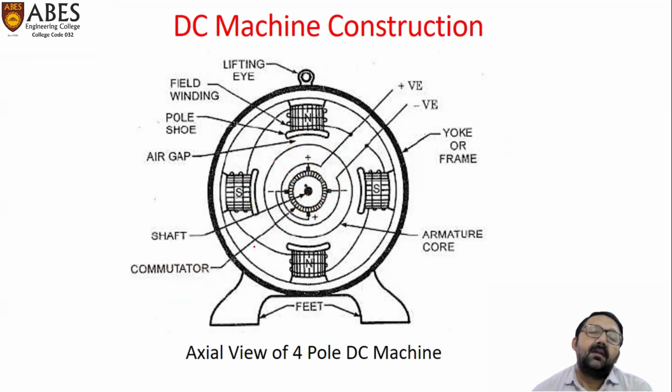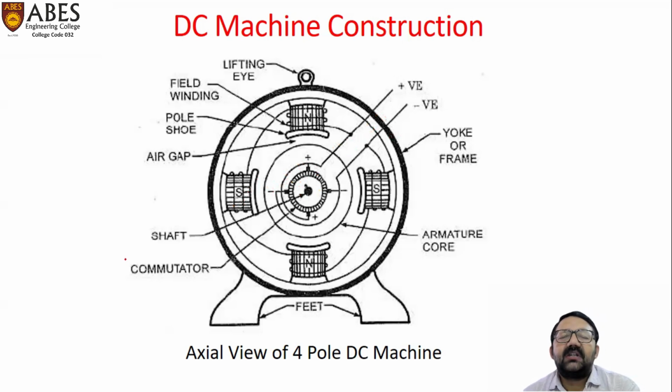So we can say that the mechanical input given to the armature conductors is converted into electrical output at the brushes, and in such a case this DC machine is acting as a generator.